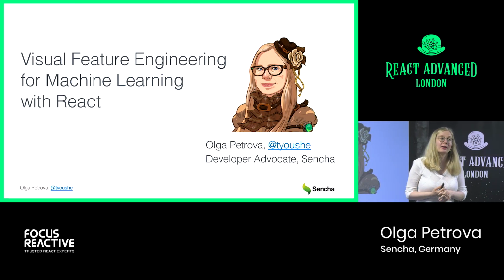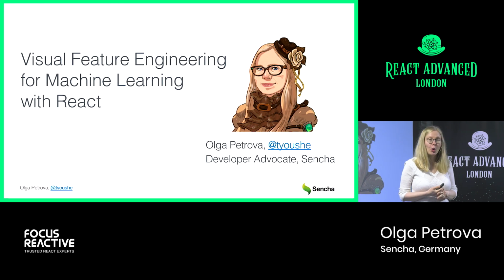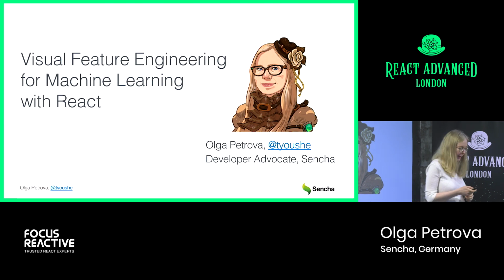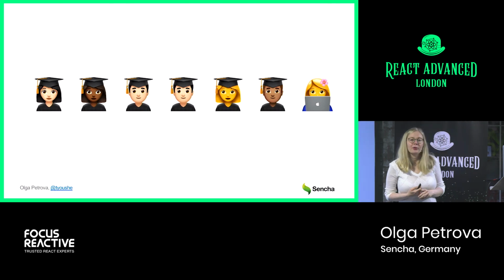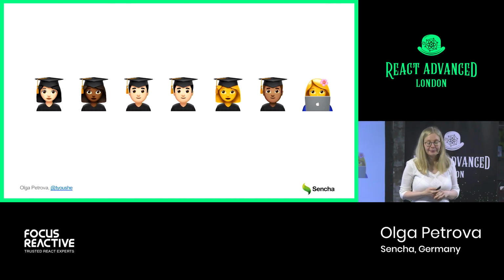Before joining my current company, I was working as a front-end and full-stack developer for various companies producing tools for data scientists and implementing different types of machine learning projects. So I was a JavaScript developer in a world of data scientists.